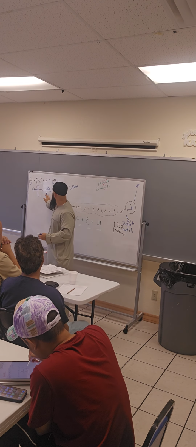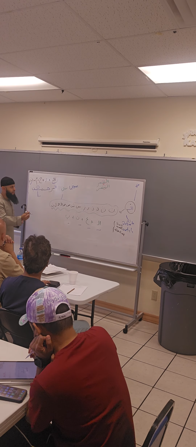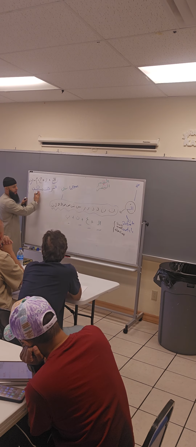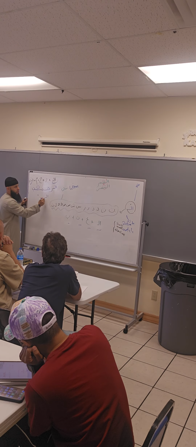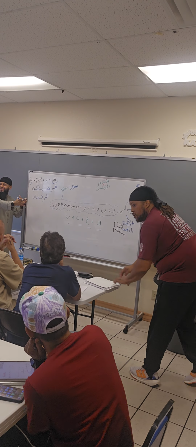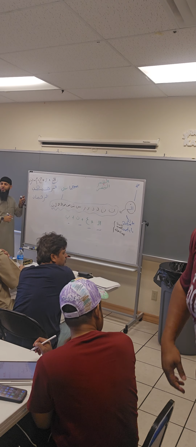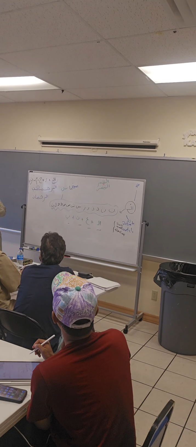So you will see Rahman like this. Outside of the Quran, you could write Ar-Rahman like this, just like how I wrote it first. This is outside of the Quran. Okay? You guys with me?